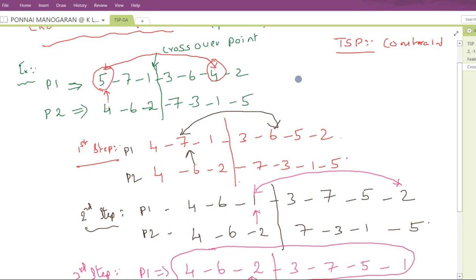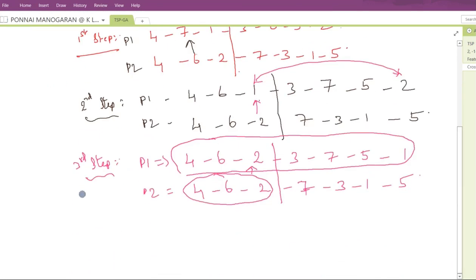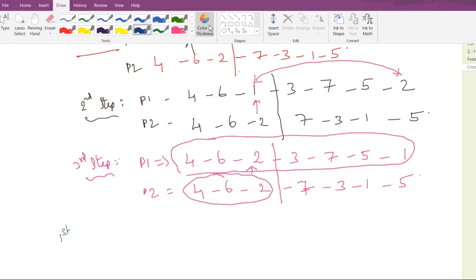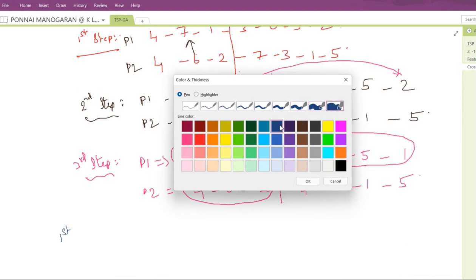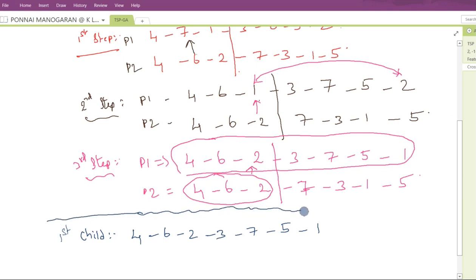The first child is 4, 6, 2, 3, 7, 5, 1. This is the first child.